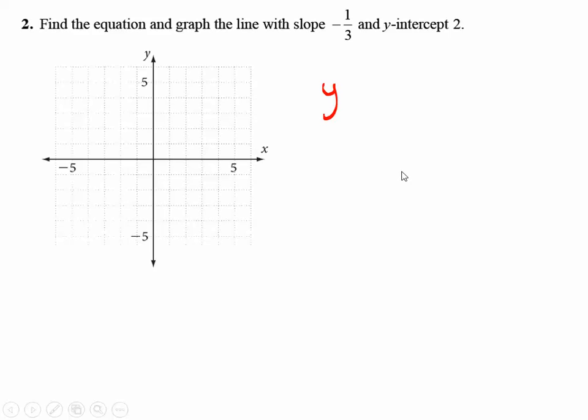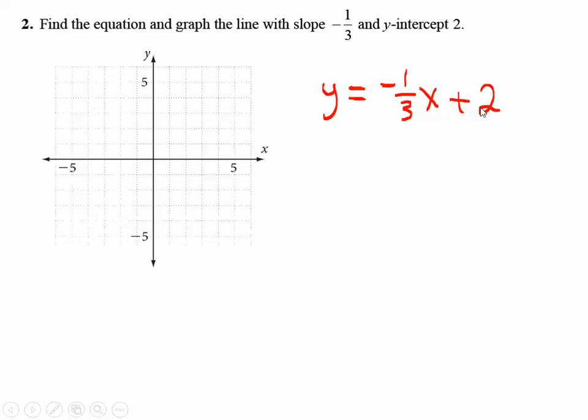So find the equation first. Y equals, just like we did for number 1, the slope is -1/3, therefore -1/3 goes right in front of the x variable. The y-intercept is 2, it's a +2, so let's put +2 right at the end. So we're just bringing out each of those pieces.